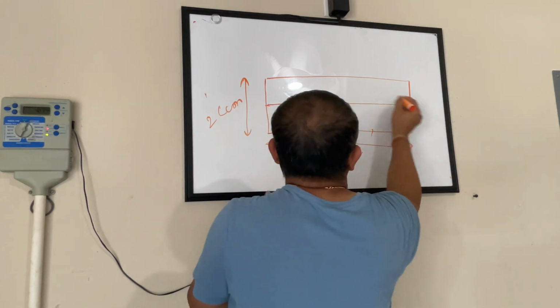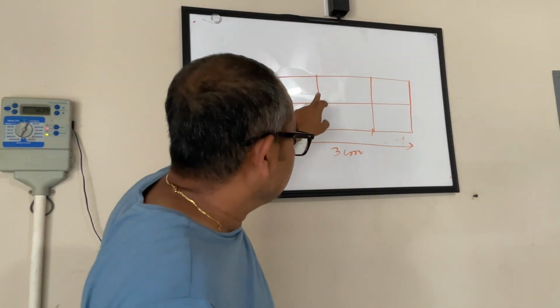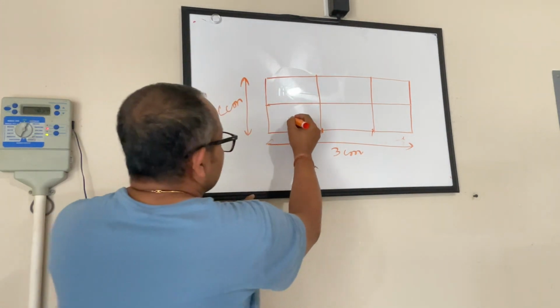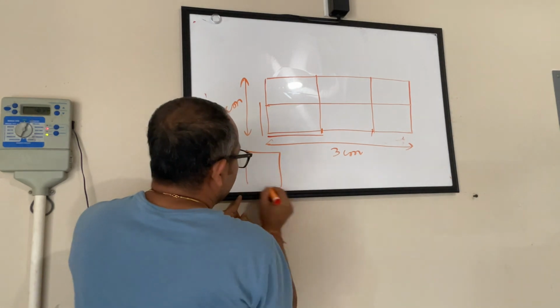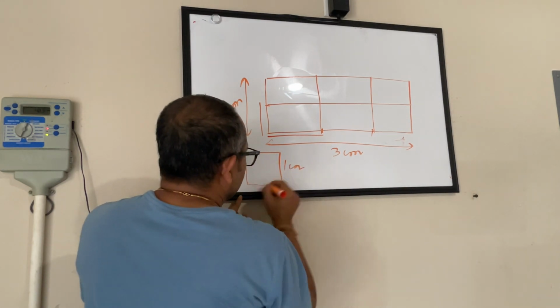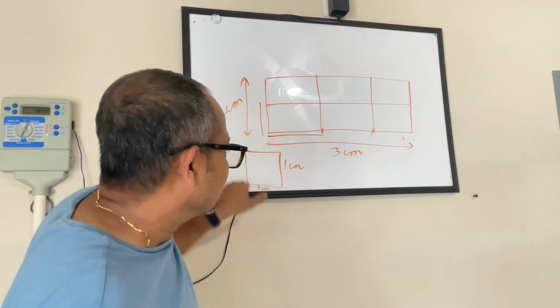So what did I do? I just broke it into 6 boxes. And every box is 1 centimeter this way, 1 centimeter this way. So a square with 1 centimeter length and 1 centimeter width is called a square centimeter.